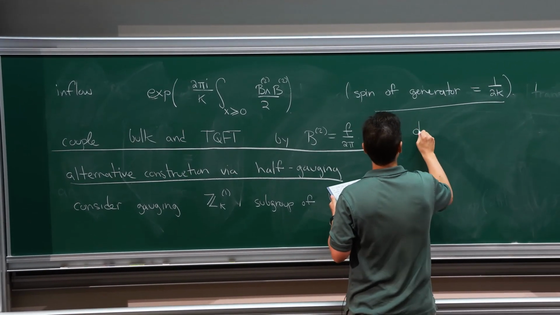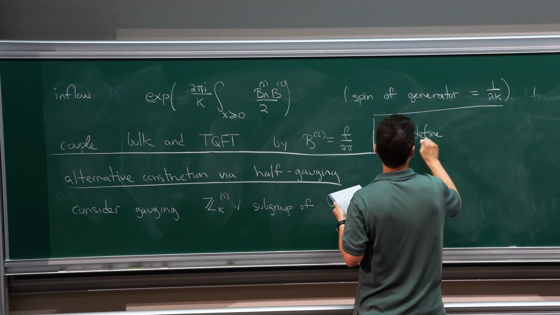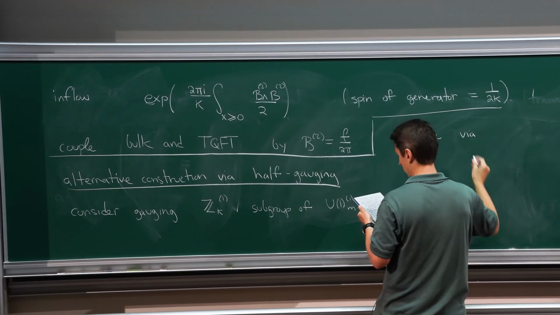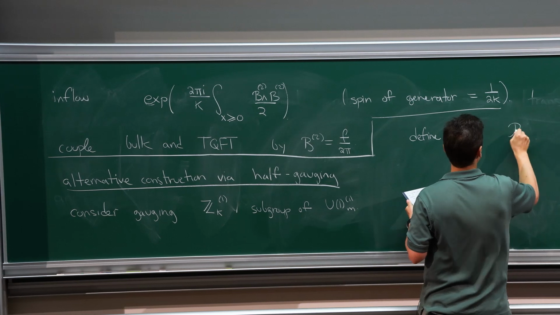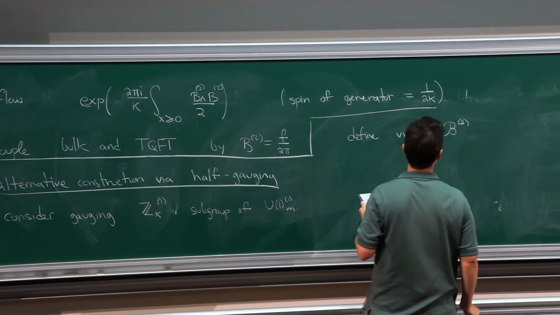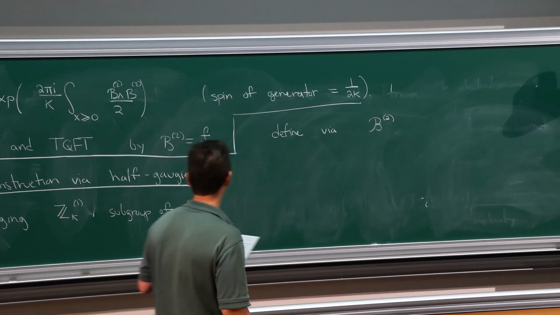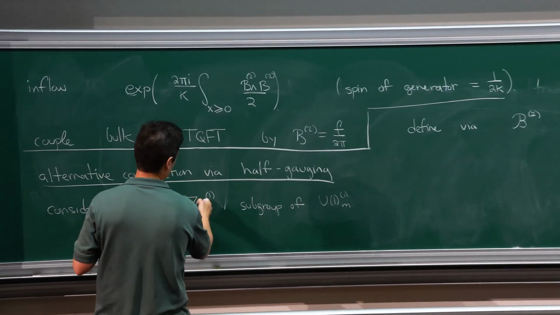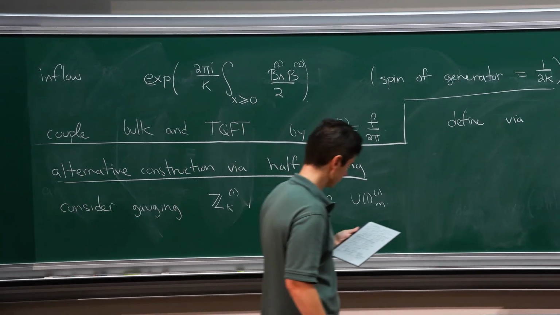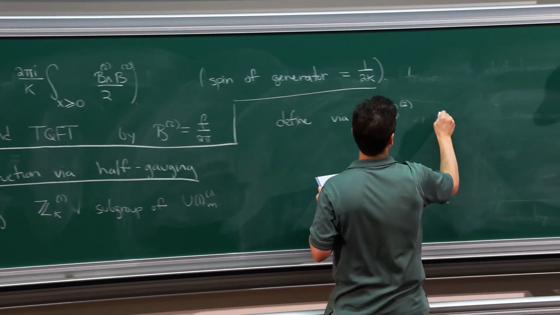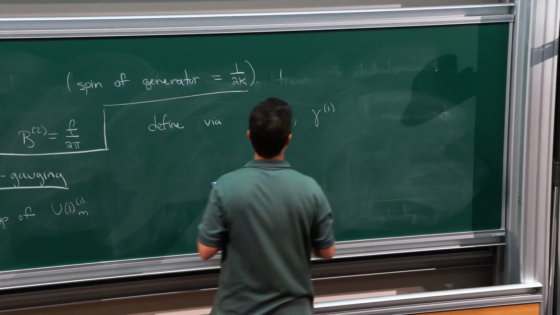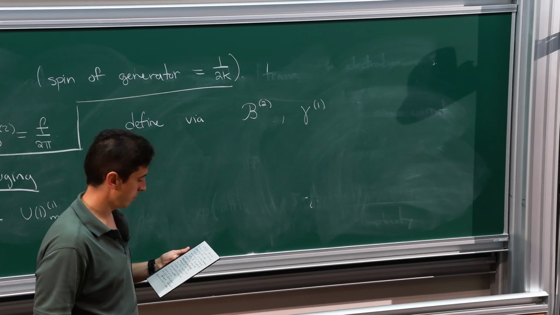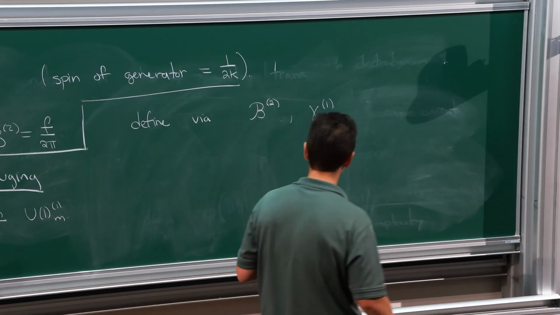How do you define it? So there needs to be a two-form gauge field. I'll call it beta 2. That will be the dynamical gauge field here. And their friend in 4 dimensions is a one-form gauge field.